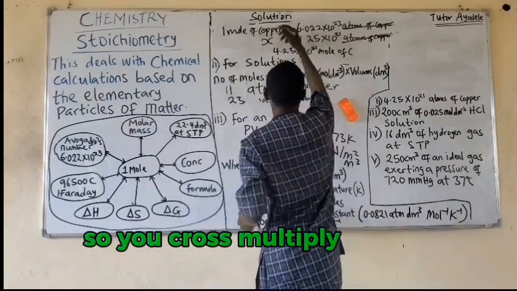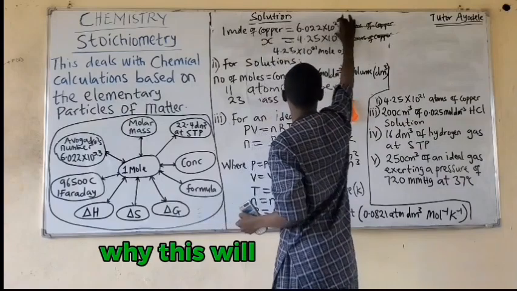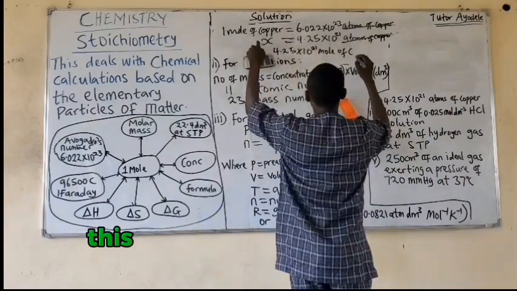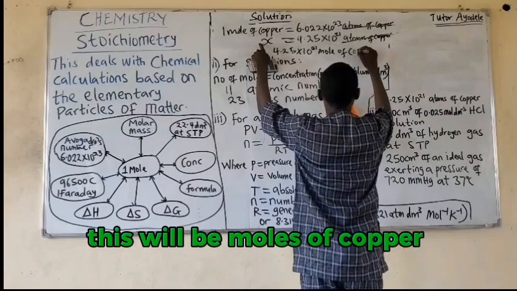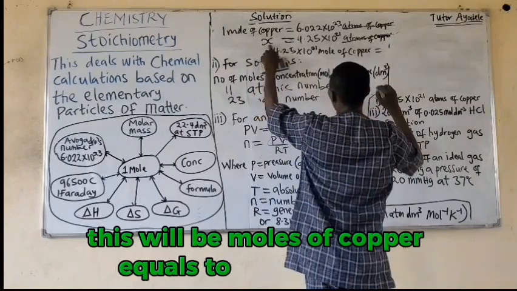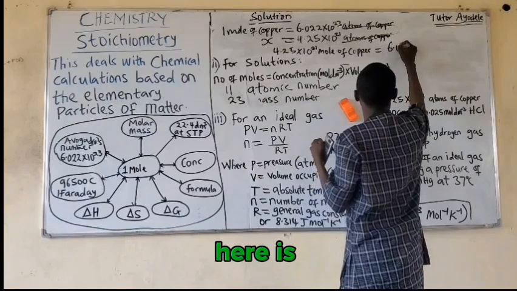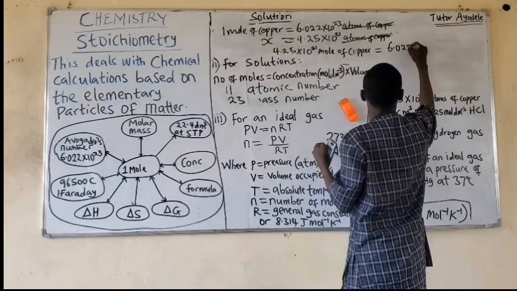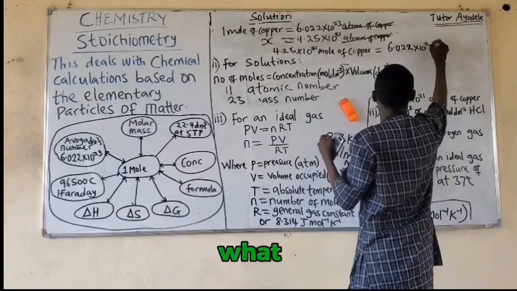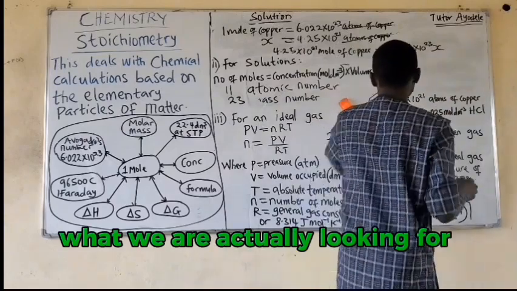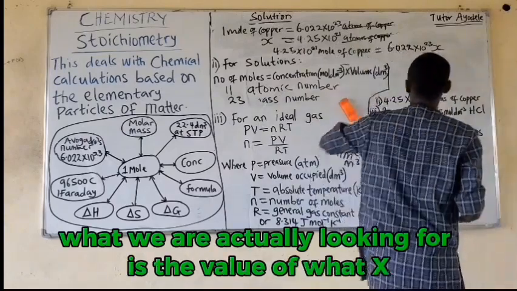So you cross multiply. So this times this will be 1 mole of copper equals to X times what is there, 6.022 times 10 raised to the power of 23. So what we are actually looking for is the value of X. So what am I going to do?